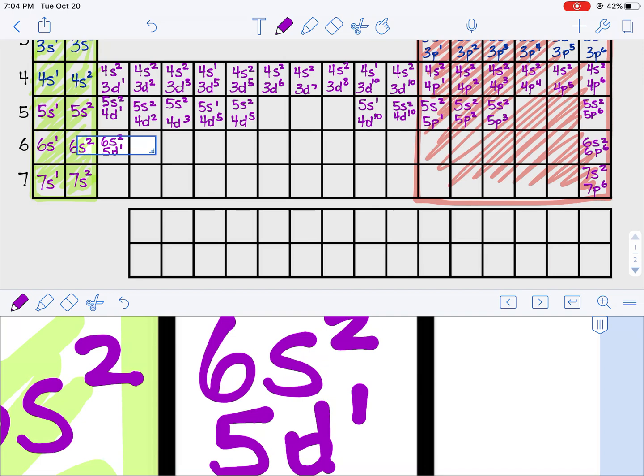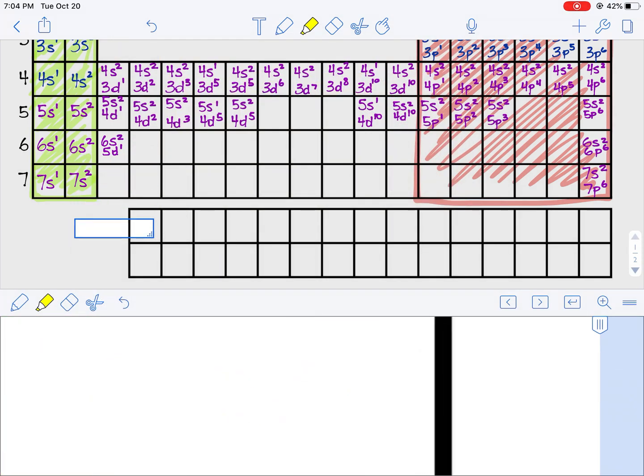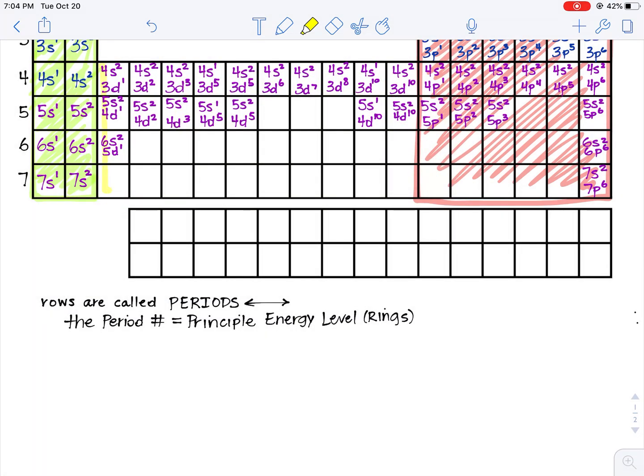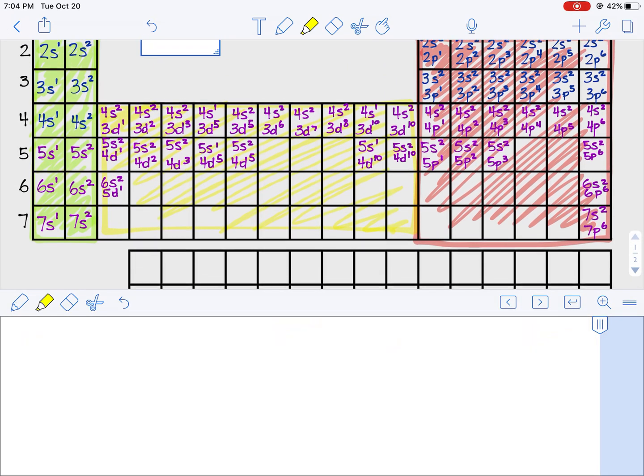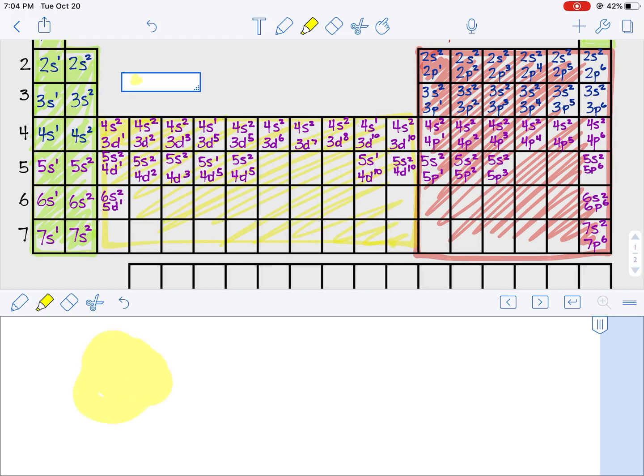And I'll stop here for a moment with our patterns and talk about what this center section is called. I'm highlighting it in yellow. This section here in the middle of our periodic table, again highlighted in yellow. Oh, I'm not so sure how great this yellow color is going to be.